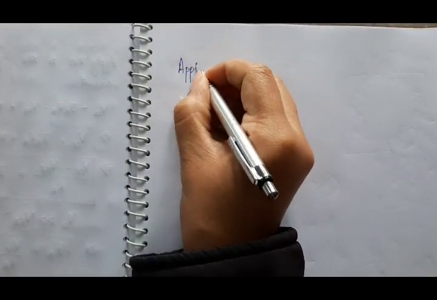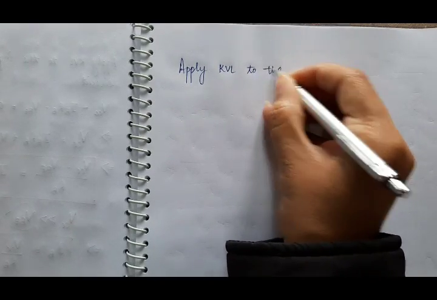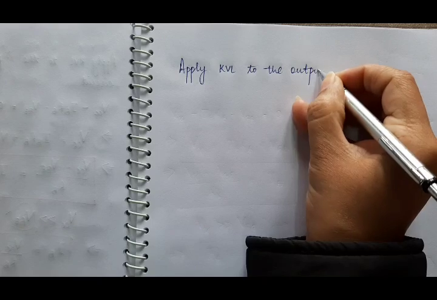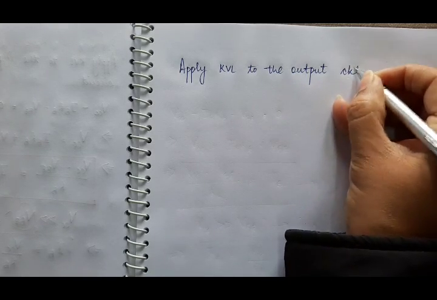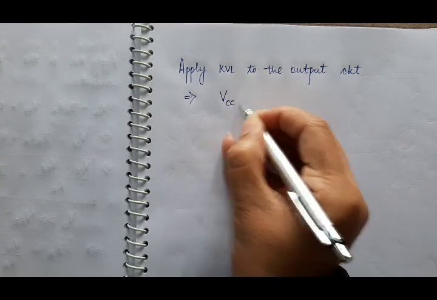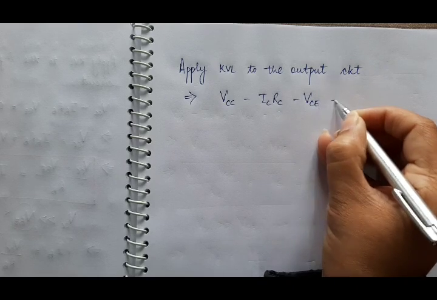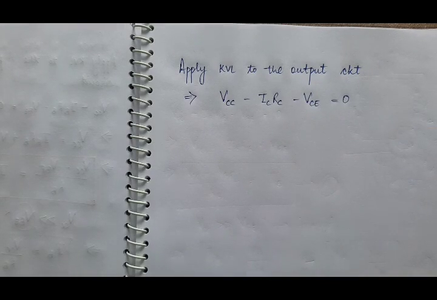So apply KVL to the output circuit. This implies VCC minus ICRC minus VCE is equal to 0. Find the value of collector current.